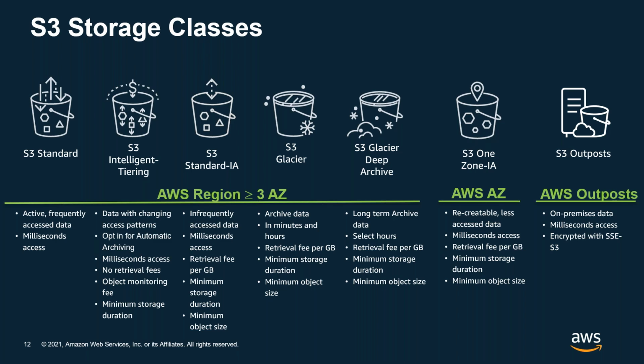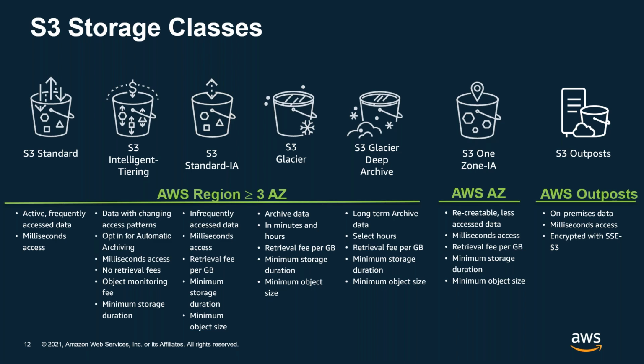So S3 on Outposts is definitely something they can do, but that's a very different model, because the availability there is limited to that data center and that rack, and that's for customers who have data locality requirements or latency requirements where they can't traverse the WAN to transact with native AWS services.